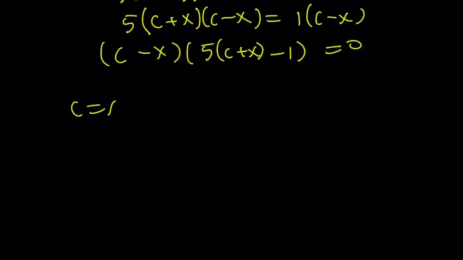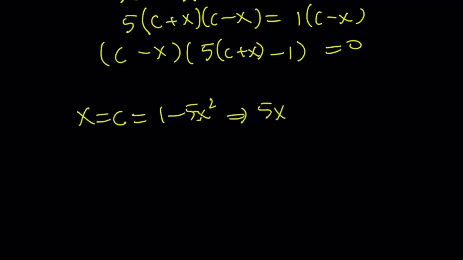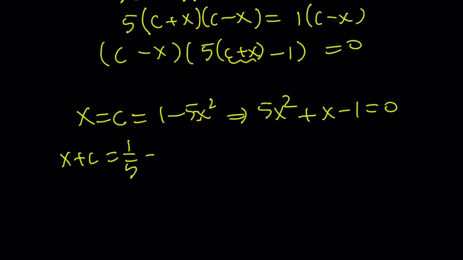The first one means c equals x, or x equals c. I'll probably write it that way. X equals c. And x equals c means c is 1 minus 5x squared. From here we get 5x squared plus x minus 1 equals 0. The second equation means c plus x, or x plus c, is equal to 1/5. But c was 1 minus 5x squared.